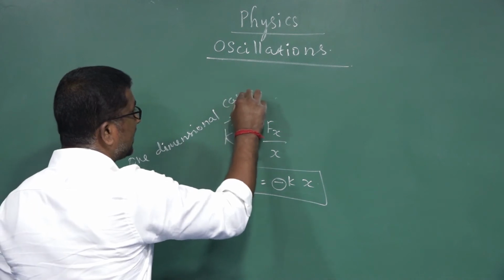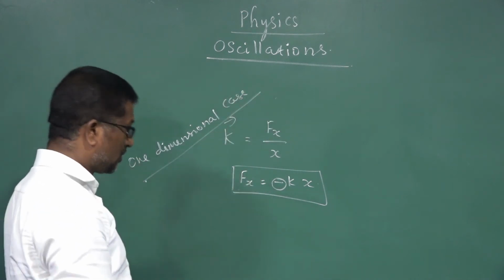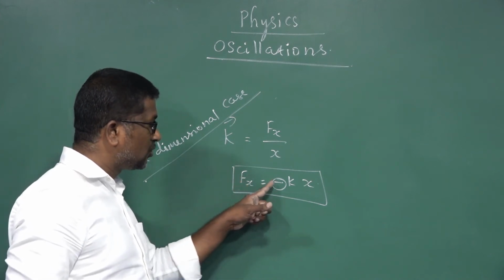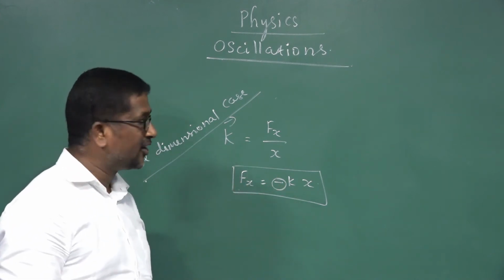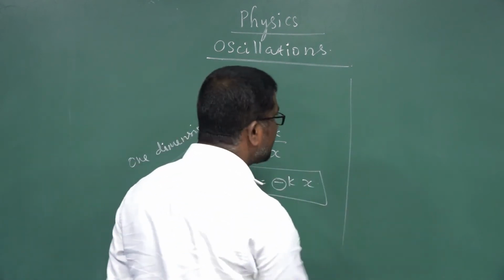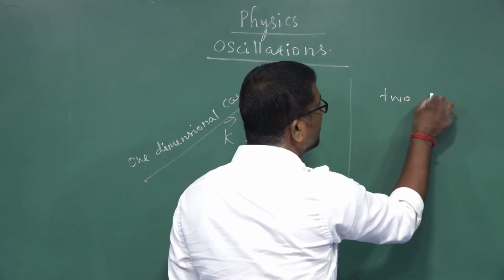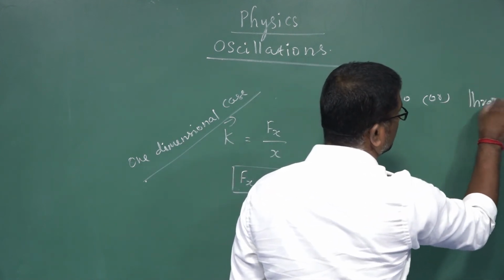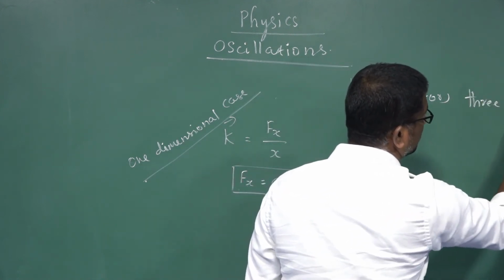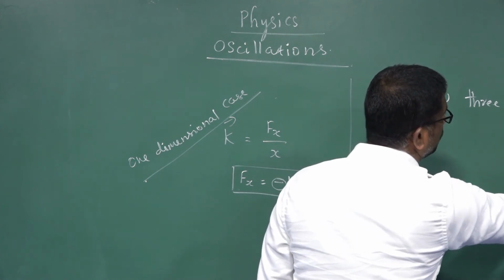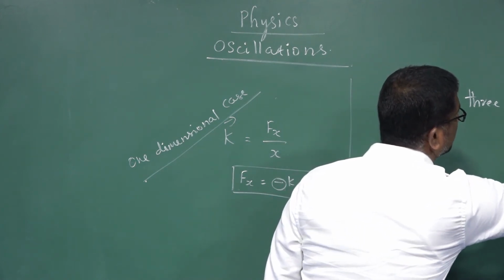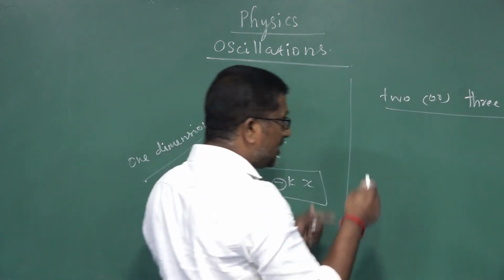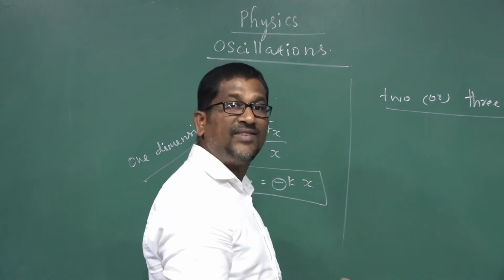For the one-dimensional case in simple harmonic motion, the force is represented by F_x = -k x. In the case of a 2 or 3-dimensional space, this relation should be written in vector form.